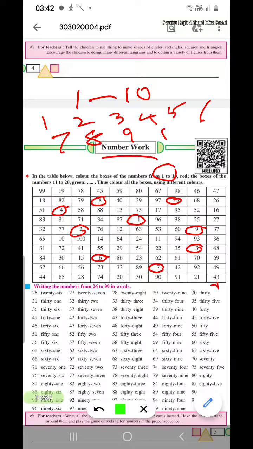Third row, yes, we have got 13 over here. 13, 17, 16, 12, 11, 20, 15.